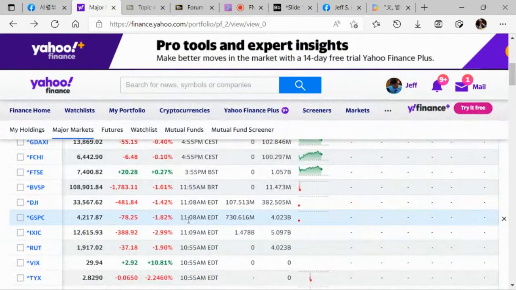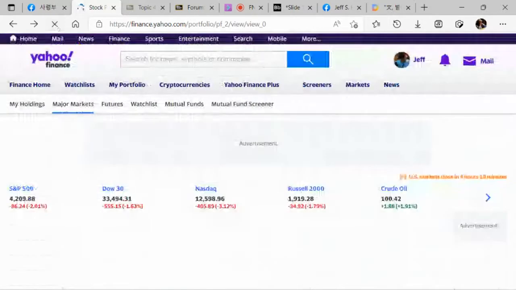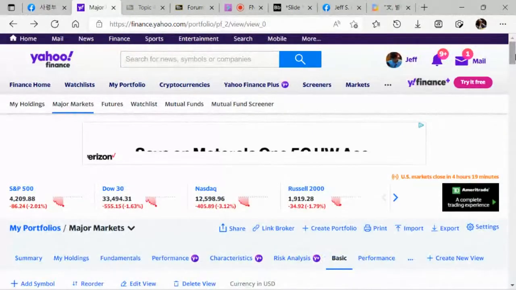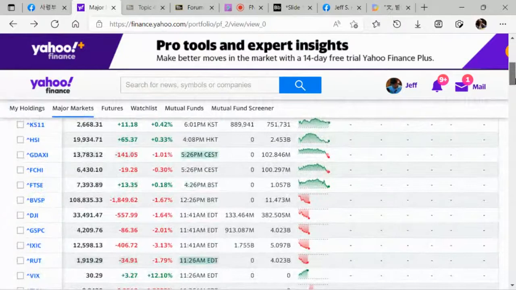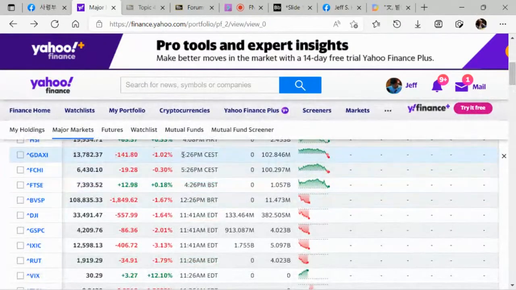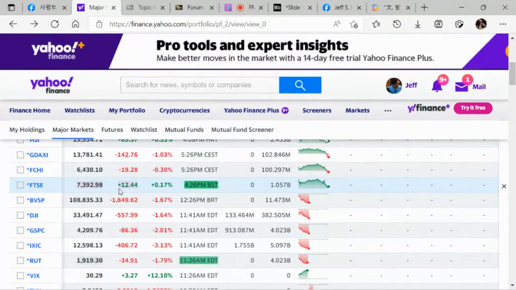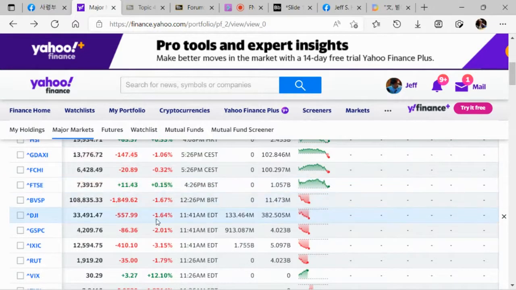Oh, I guess this is today, 11 a.m. Well, the Asian market has done well today. Europe is still in trading, and other than FTSE, which is UK, not doing well.